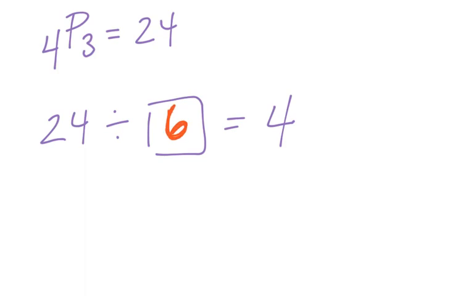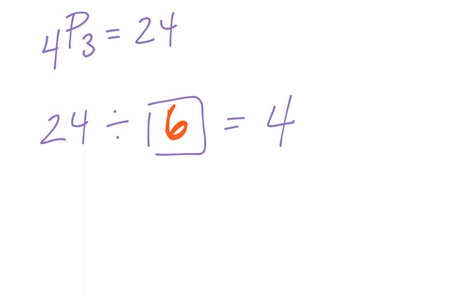Now let's think about if we have 3 letters and we wanted to arrange them, how many different ways could we arrange them? That goes back to our factorial notation, or permutation where we're choosing every single one of the objects. That's going to be 3 times 2 times 1, which is equal to 6.